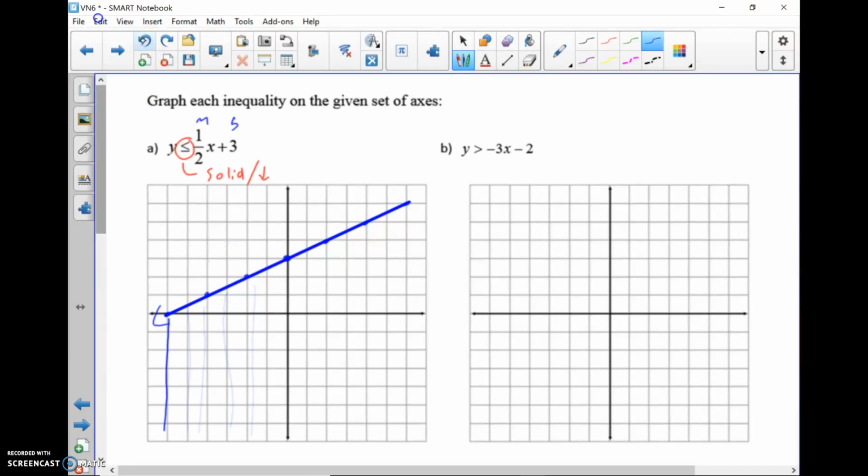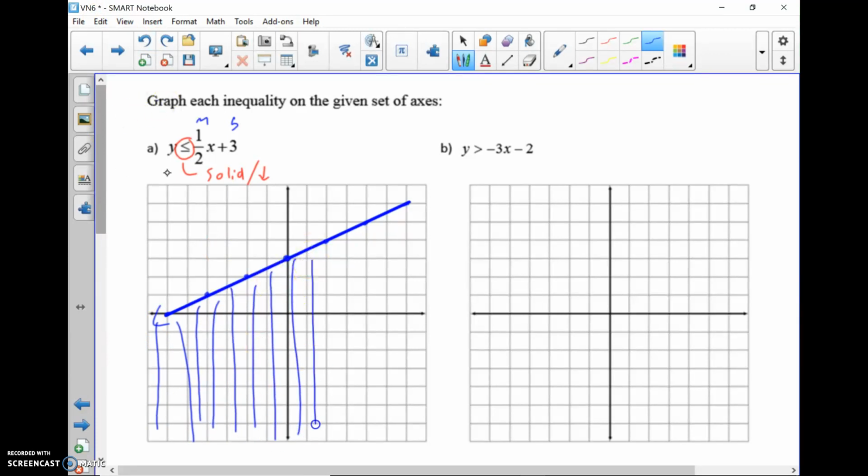Or if you want to, go in between the lines and just stay on the boxes, but even that's probably more than you need in most cases. Take your time shading, but don't think you need to spend a lot of time shading. All of the points in this region are in the answer.